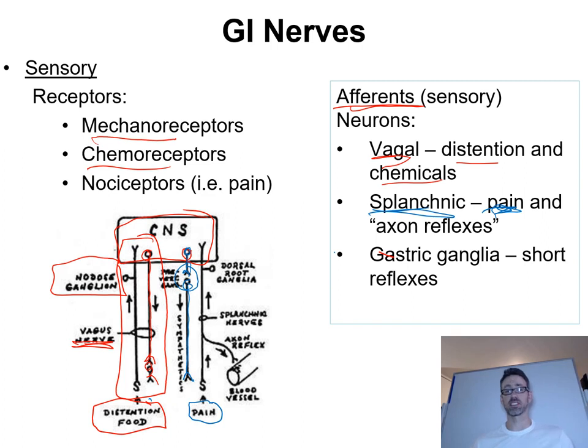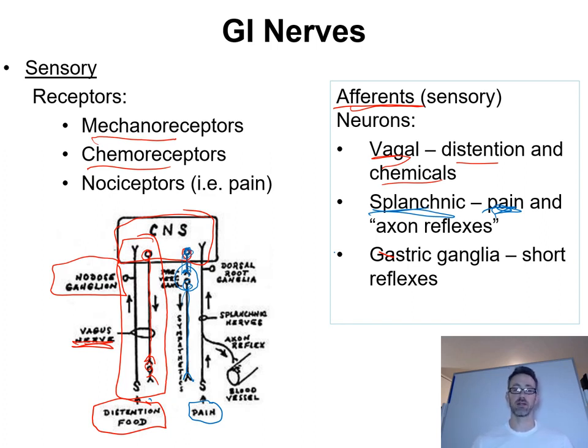Because what happens is it's traveling backwards along the sympathetic nerves. So it's traveling in the same nerves that the sympathetics are carried in. So remember over here I mentioned we have our preganglionic and then the postganglionic. And then these postganglionics travel in the splanchnic nerves, but they're the efferent component to those splanchnic nerves.